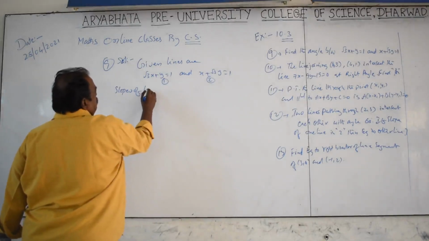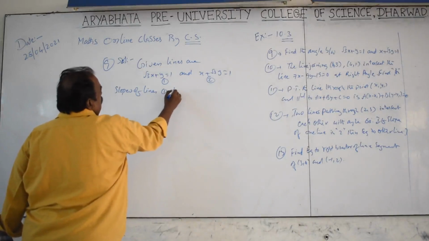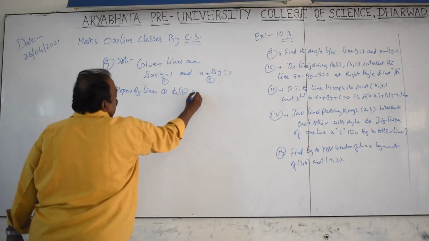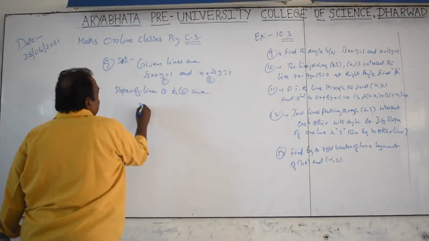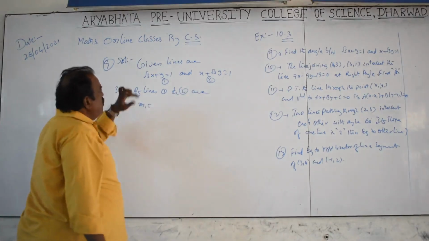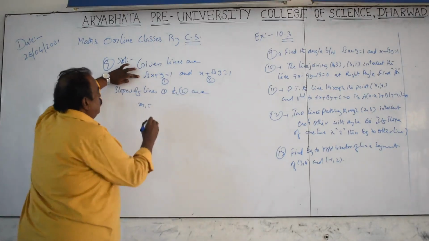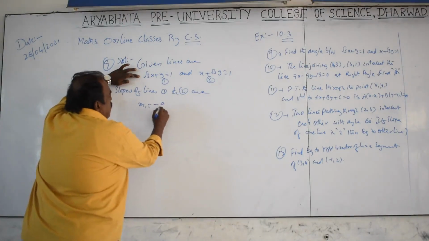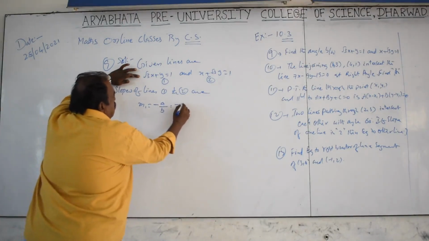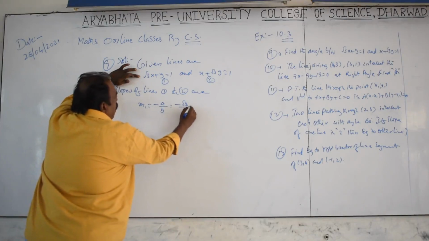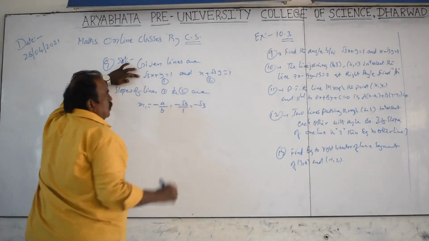The slopes of lines 1 and 2: m1 is the slope of line 1, we assume. The formula is minus a by b, so minus root 3 by 1, that is minus root 3.